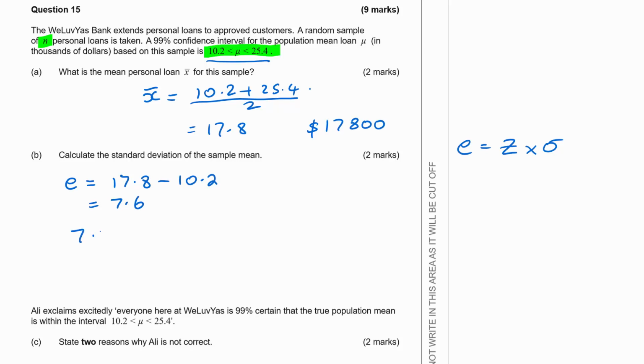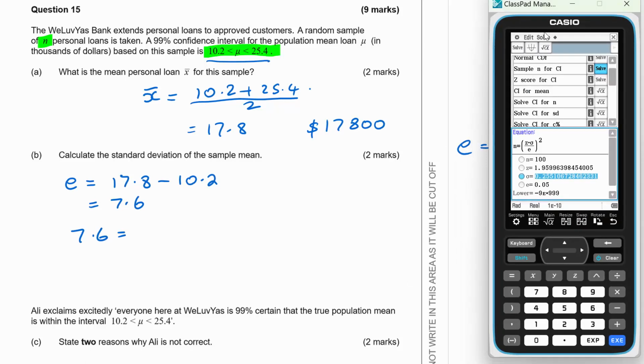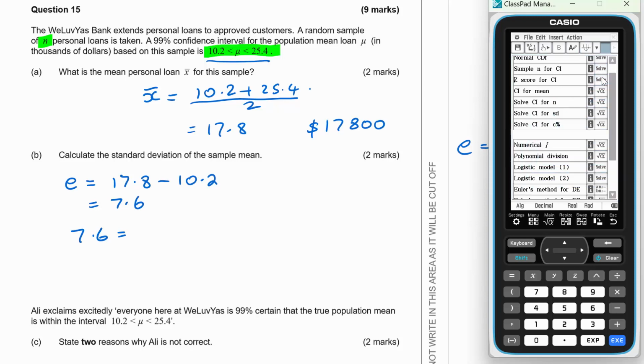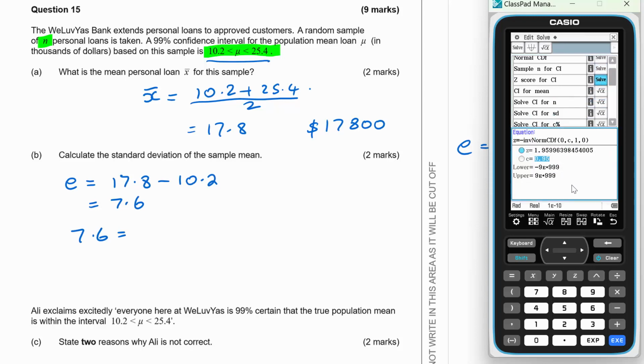So 7.6 is equal to the z-score for 99%, which we can get from our calculator in various ways, including using the z-score for CI. We'll just change that to 0.99 and solve, and then we can see the value there.